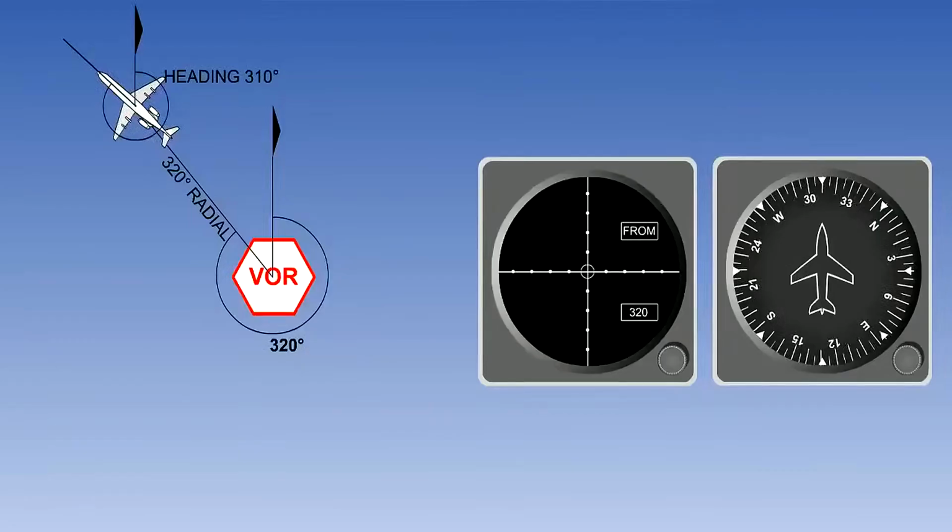However, if, while flying away from the VOR on the 320 radial, you experienced a drift to the right of track, you would know that there was a wind from the left, blowing you off course. You would need to alter your heading to the left in order to compensate for the drift. So your heading would not be 320 but some other figure.